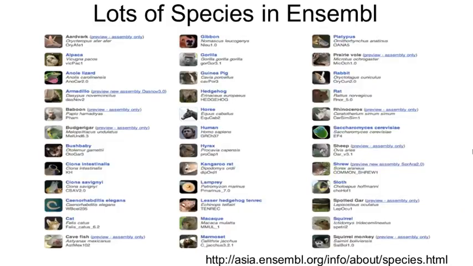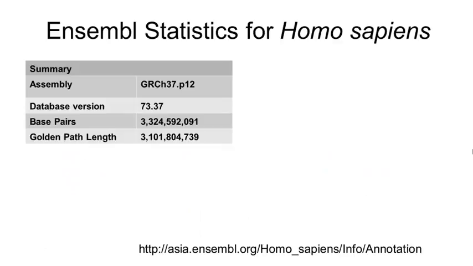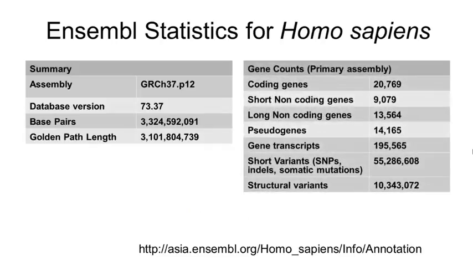For the human genome, the current Ensembl version, GRCh37, contains 3.3 billion base pairs, 20,000 coding genes, 9,000 short non-coding genes, 13,000 long non-coding genes, 14,000 pseudogenes, about 200,000 transcripts, 55 million short genetic and somatic variants such as SNPs and indels, and 10 million larger structural variations.